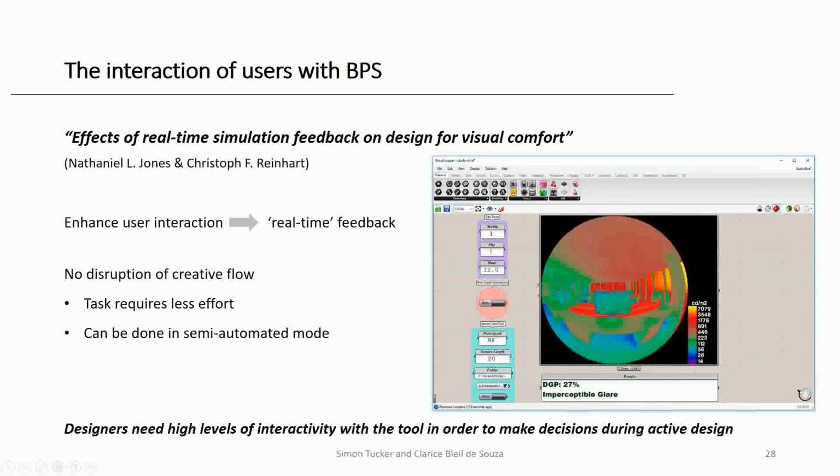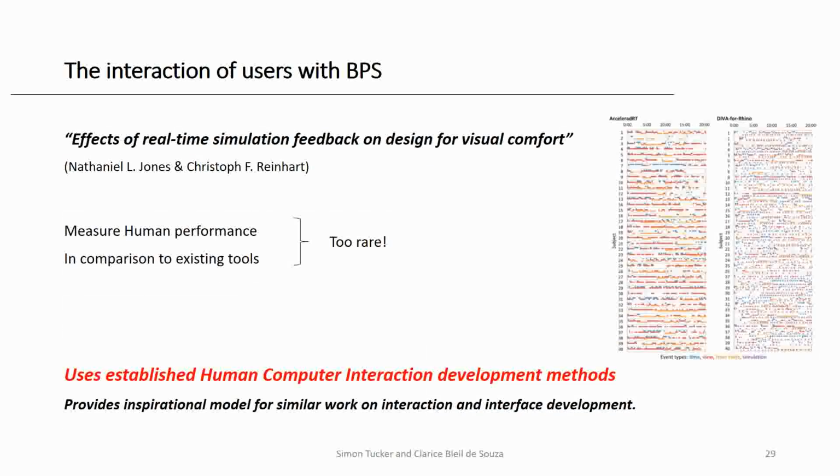So a key point here is that designers need high levels of interactivity with the tool to make decisions during active design. Another aspect to this paper is that they measure human performance, using their new proposal in comparison with existing tools.